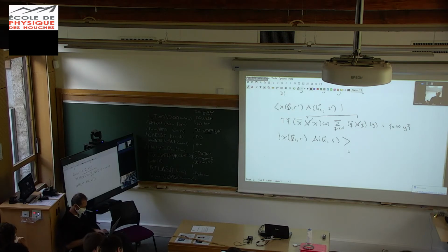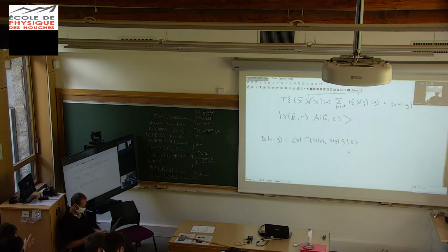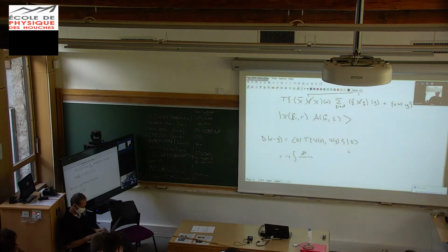The contracted vector bosons will give the propagator, given by this term, V of x, V of y. I'm just quoting the usual results, d^4k. I should probably call it l, because k is already our external momentum.